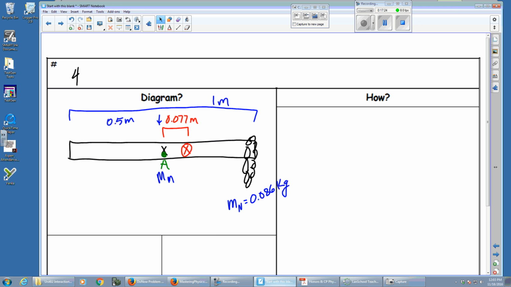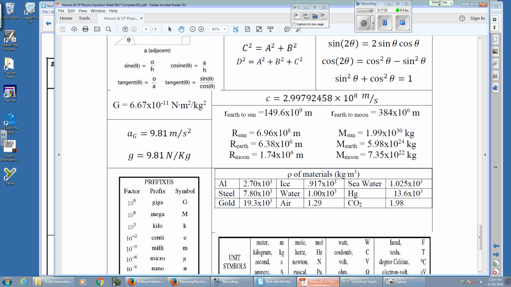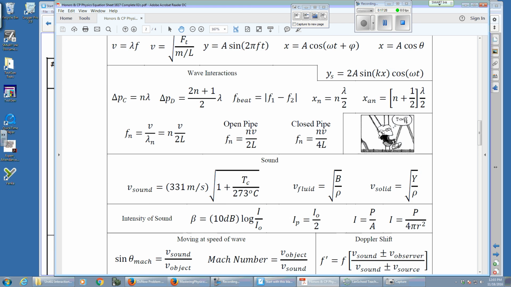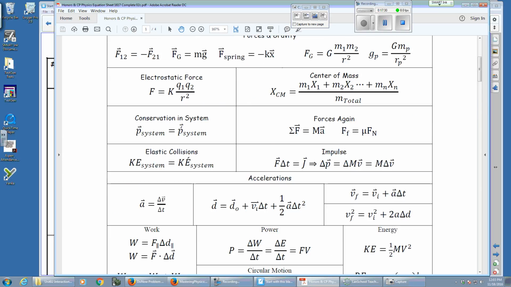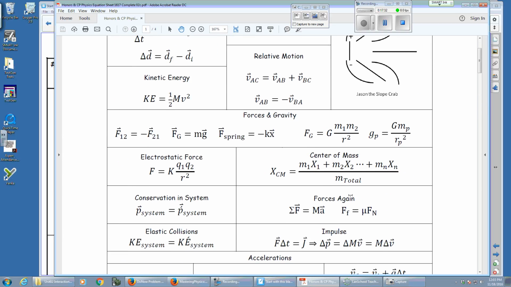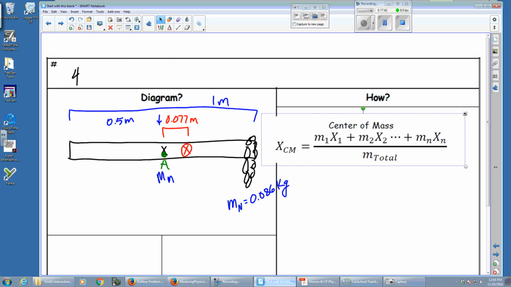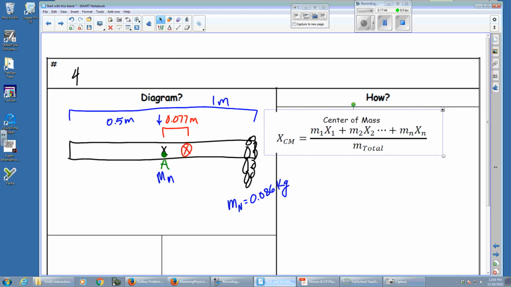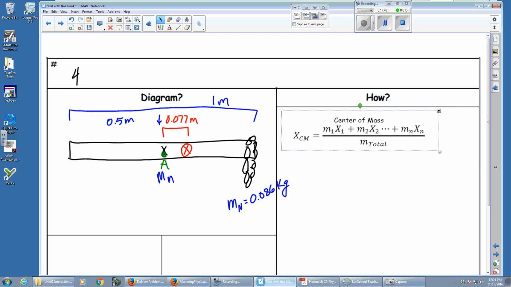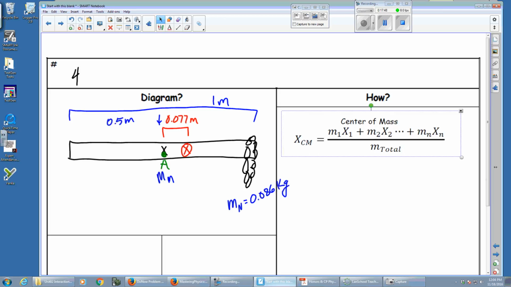So let's grab our equation. We need the first page of this. Here we go. All right.